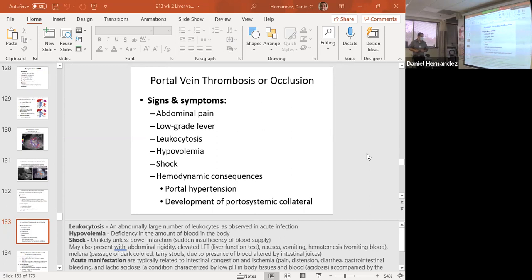It may also be present with abdominal rigidity, elevated LFTs, nausea, vomiting, vomiting of blood, hematemesis, melena, which is the passage of dark colored stools, and also the presence of altered intestinal juices.